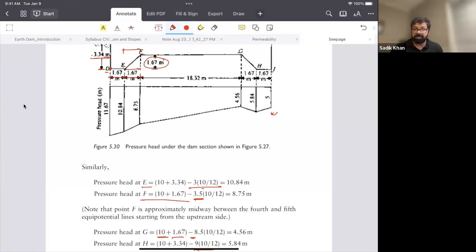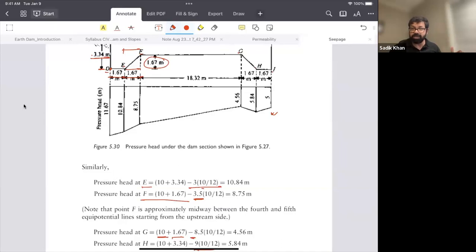So how do you calculate the total force? This is a distributed force, right? You understand that? Basically, it's a pressure distribution.